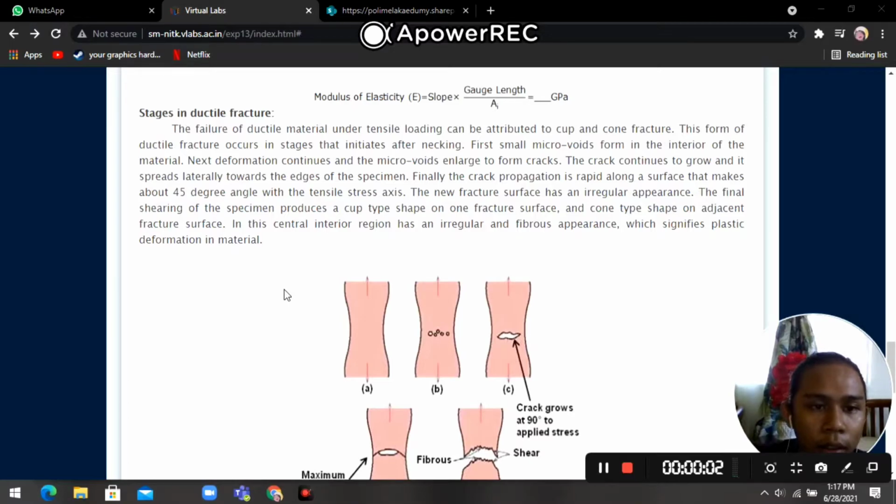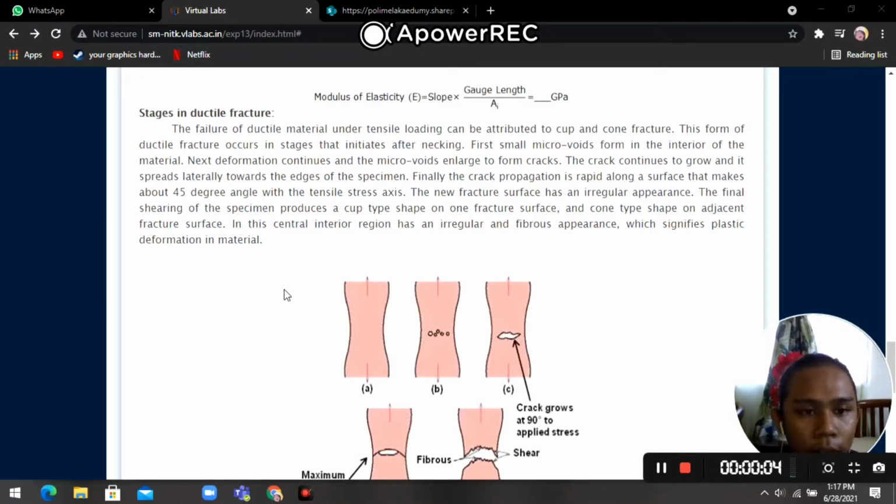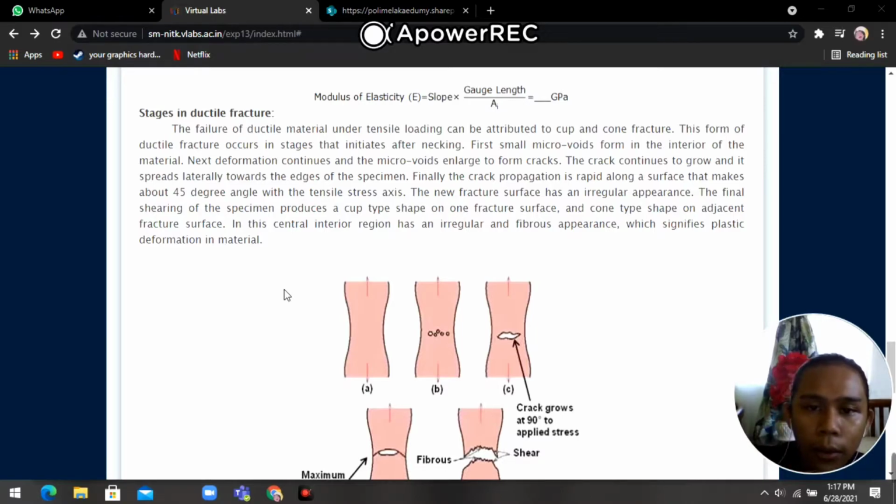Stages in ductile fracture. The failure of ductile material under tensile loading can be attributed to cup and cone fracture. The ductile fracture occurs in stages after necking initiates.